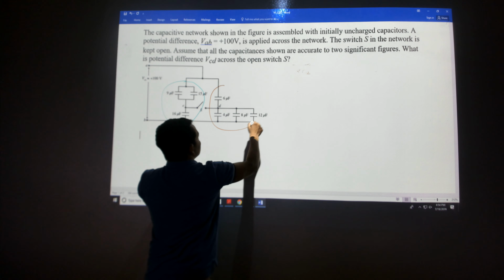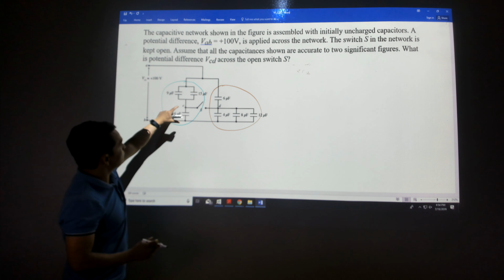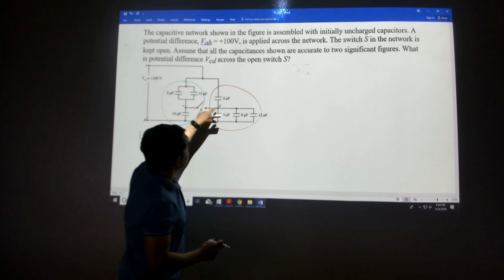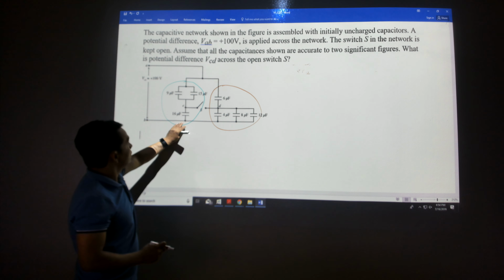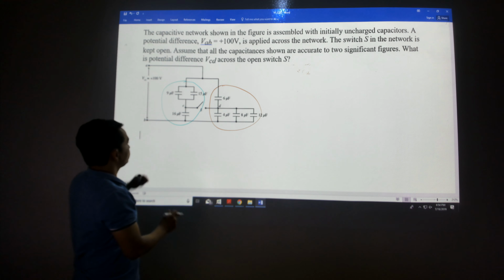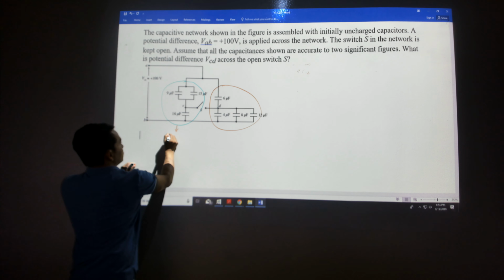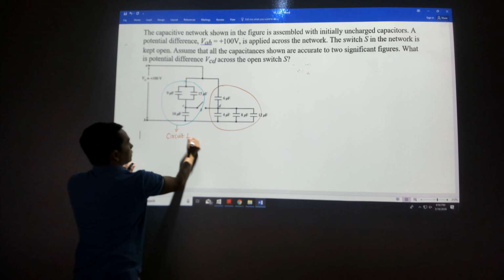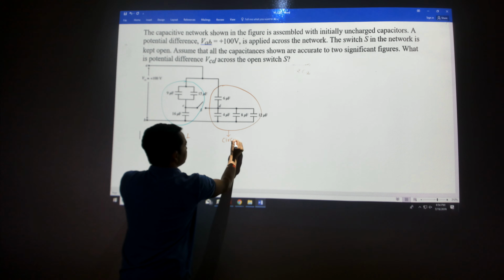Our goal is to find the potential across this capacitor, and then we'll find the potential across this capacitor. First we'll take a look at this one. I'm just calling this circuit 1, and calling this circuit 2, just to make life a little easier.